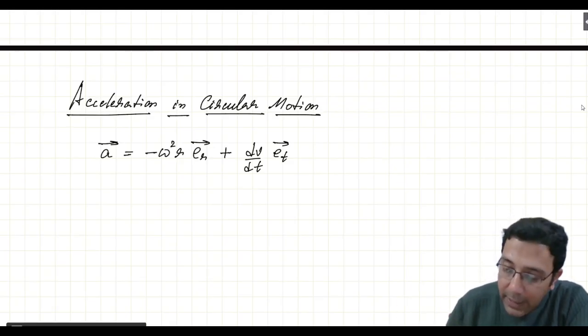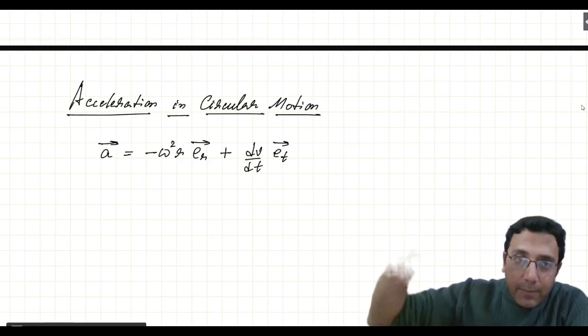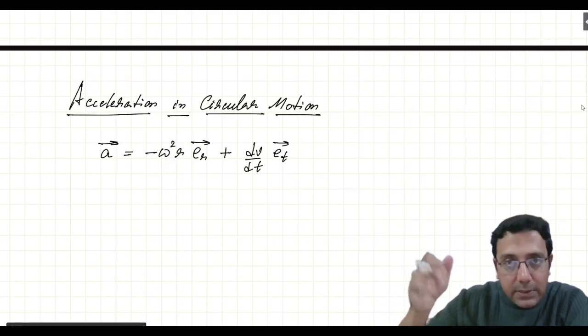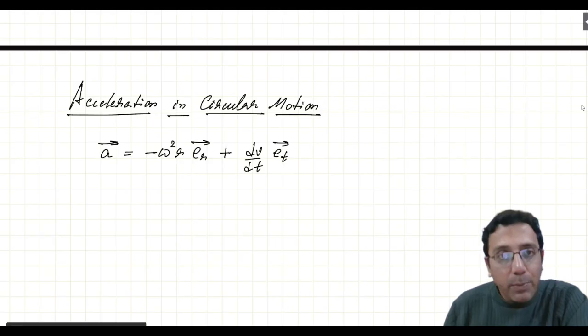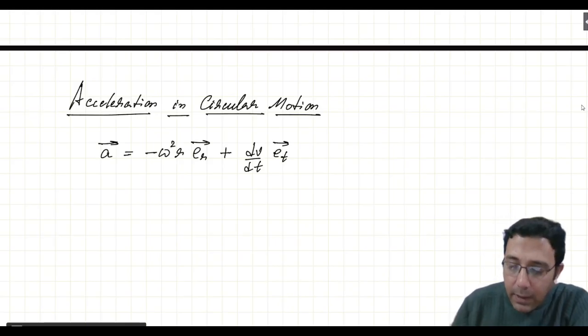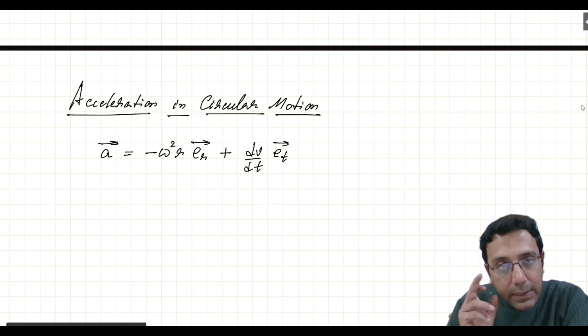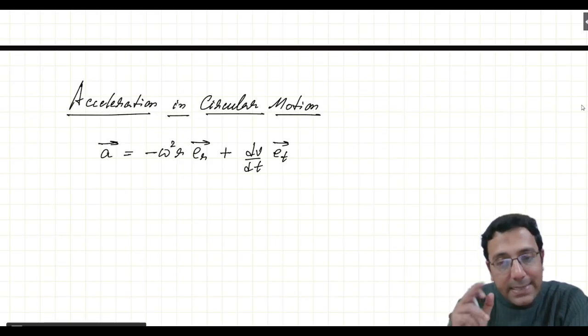Here we write minus omega square r because the radius vector is away from the center and the centripetal component is towards the center, on the opposite side.